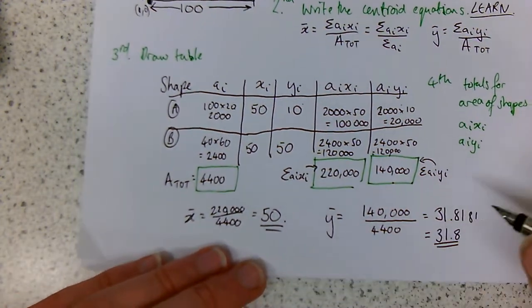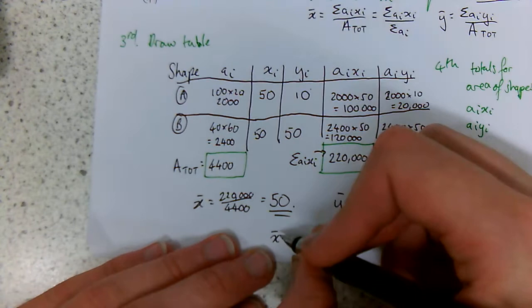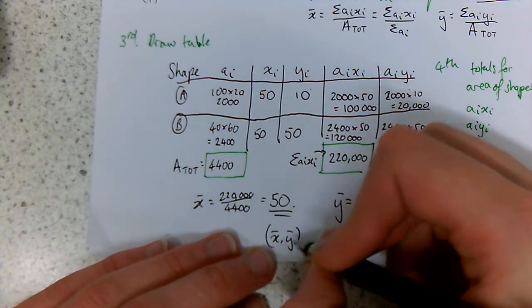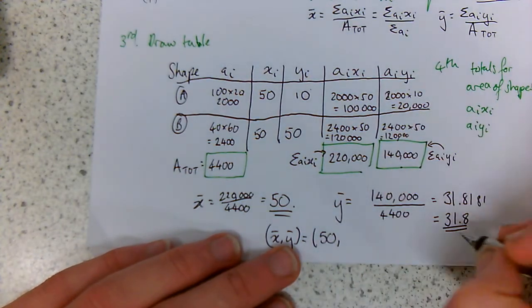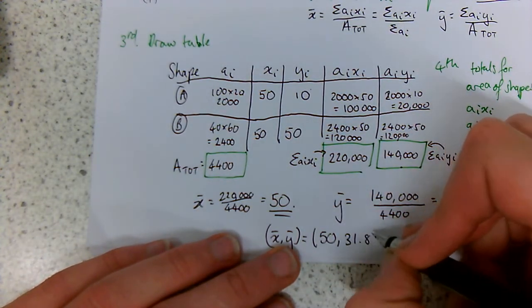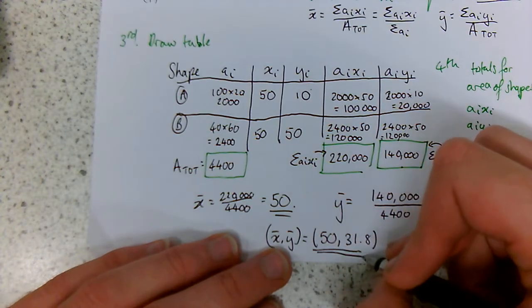So our last thing we would do is state our centroid coordinates as a coordinate. That is going to be 50 and 31.8 is our final answer.